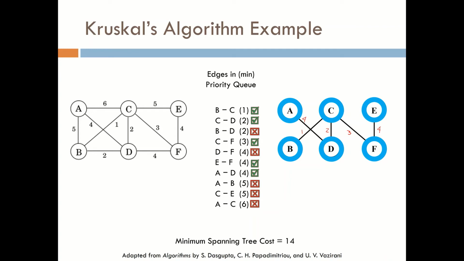But the cost for both of those is the minimum spanning tree cost. It is 14 in both cases. The only thing that may change is the set of edges that we pull off. And that is an example of a minimum spanning tree using Kruskal's algorithm.